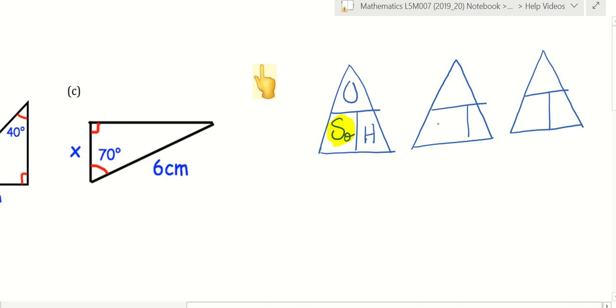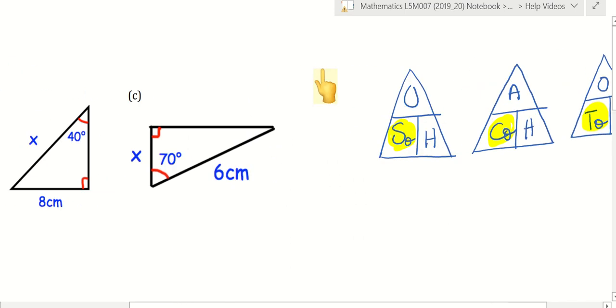So SO, and then CAH, and again I put a little theta because that represents the angle, and then TOA, and I put a little theta because this represents the angle.